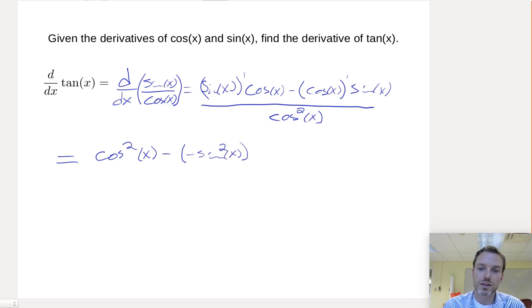We can group that to make it squared, and these two will cancel to give me cos squared plus sine squared. And this is all over cos squared. So now we can use another trig identity, the most basic of them, which is cosine squared plus sine squared equals 1, over cos squared.